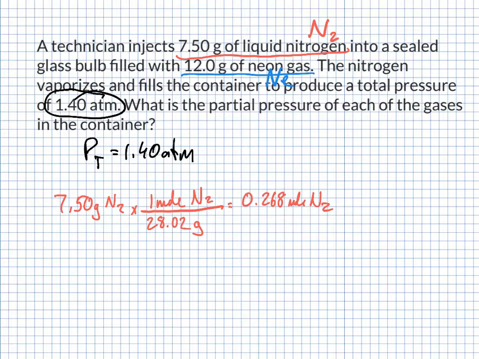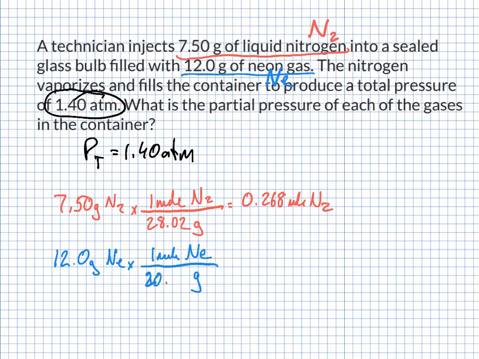And then I'm going to do the same thing for the neon. 12.0 grams neon. The only thing I can do with mass is convert to moles. Neon is not a diatomic, so I don't need to worry about that. Neon is 20, double check here, 20.02, I believe.